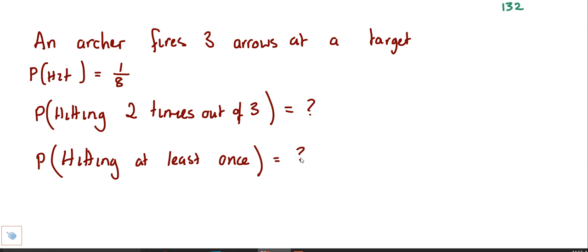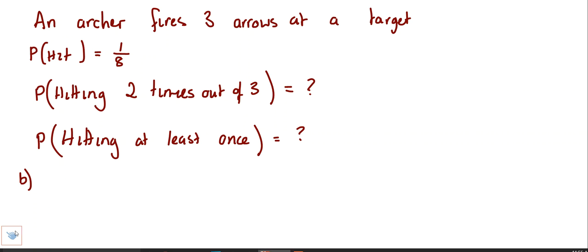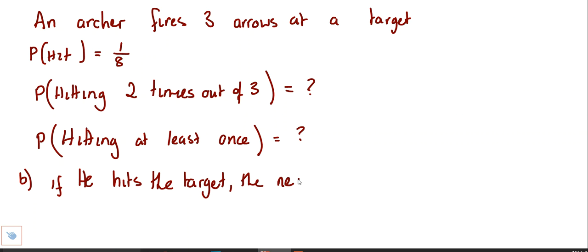If you are already done, I will give you part B to this problem. So if you've already solved those 2, part B is: if he hits the target, the next shot improves to a probability of a hit being 1 in 3.